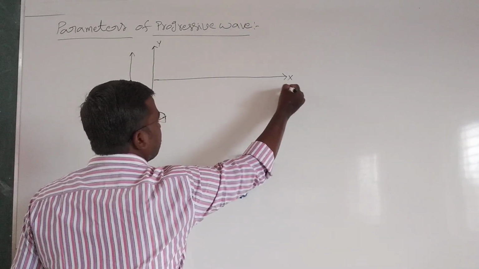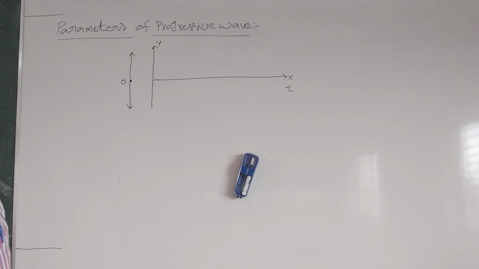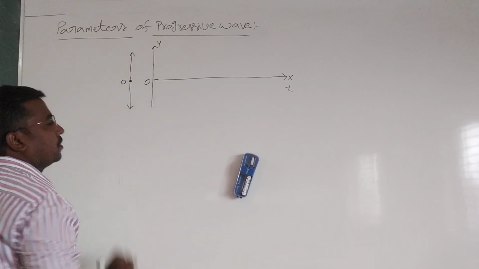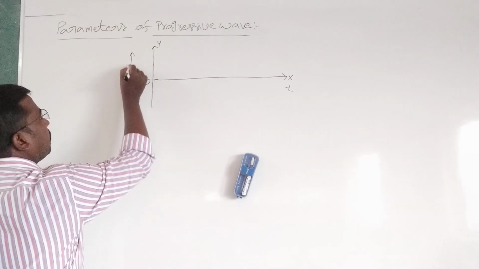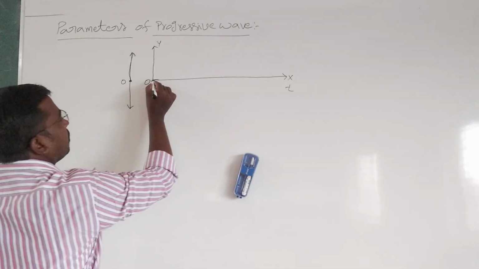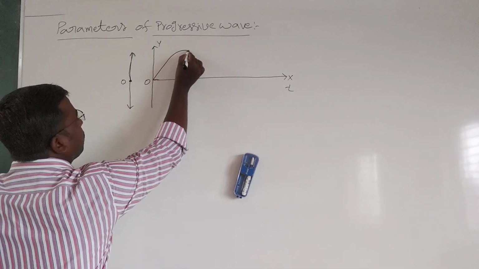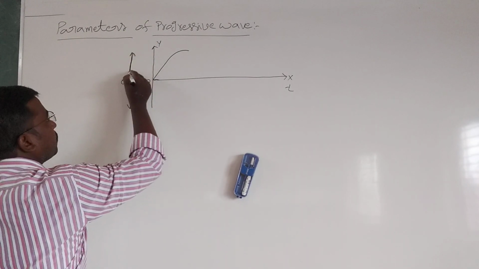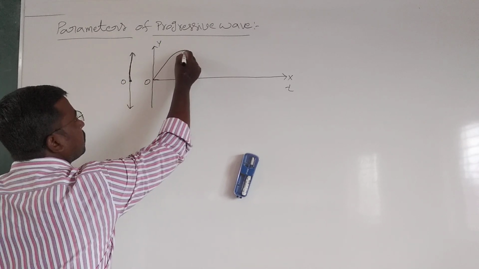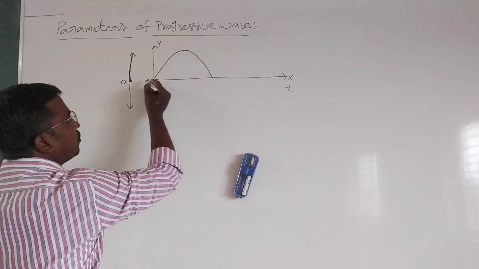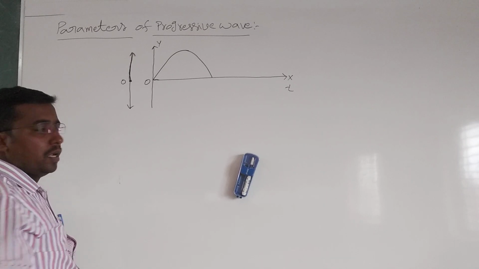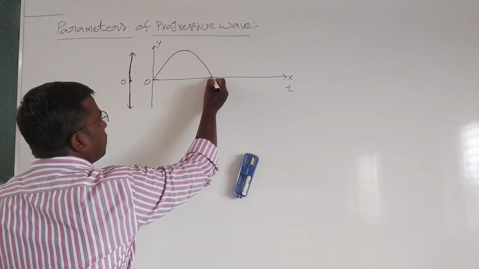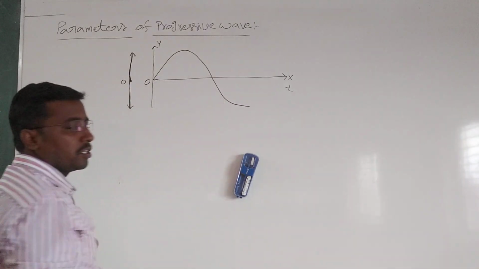On the x-axis we can take time. So in this situation, this is the object. The particle is first at O, then it moves in the upward direction, and this is the representation of the wave. The particle then reaches the mean position. Again the particle moves in the downward direction, and this is the representation of the wave in the downward direction.